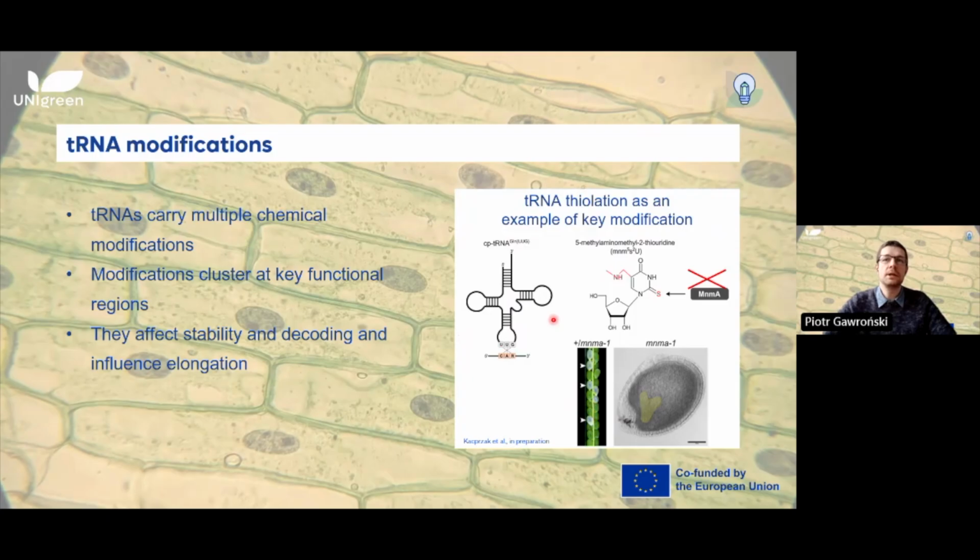Here, for example, you can see one example of a tRNA chemical modification, which is sulfonylation, thiolation, of a specific nucleotide in the glutamine tRNA.